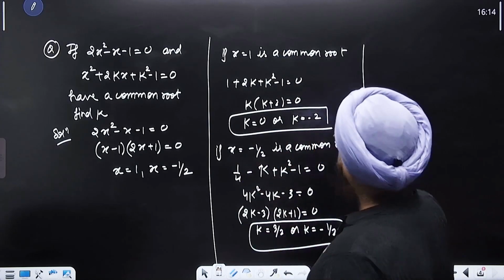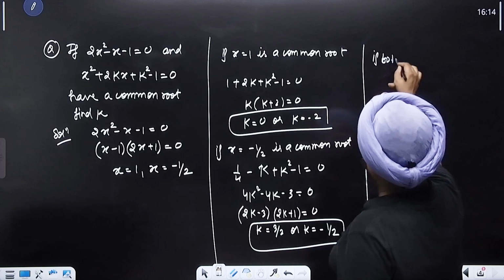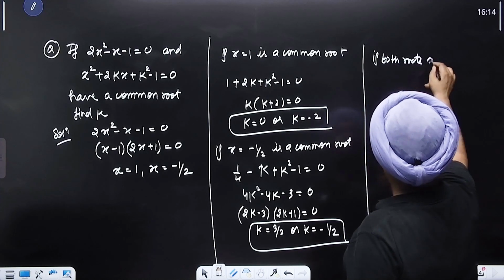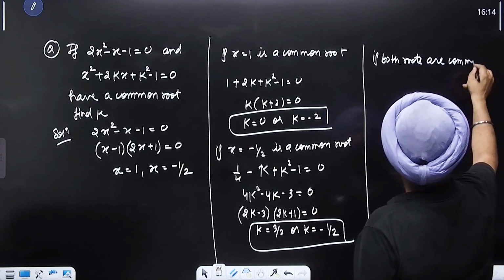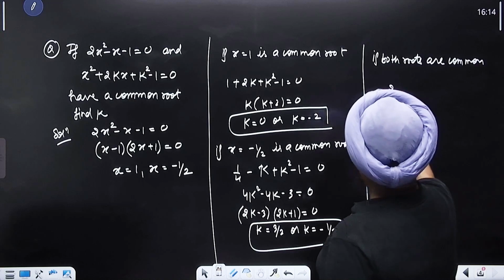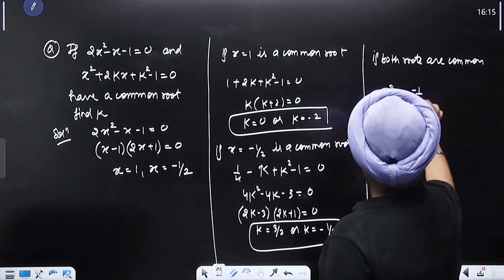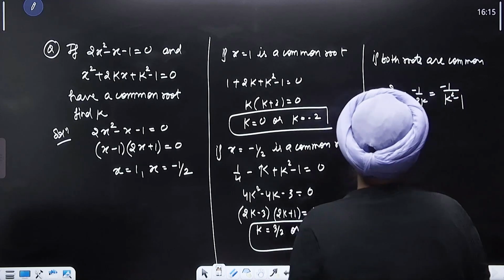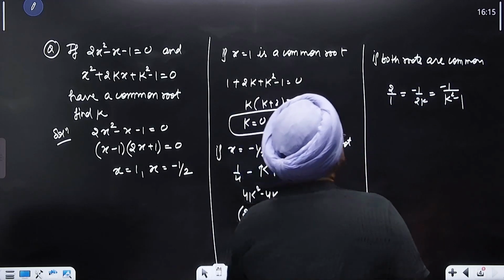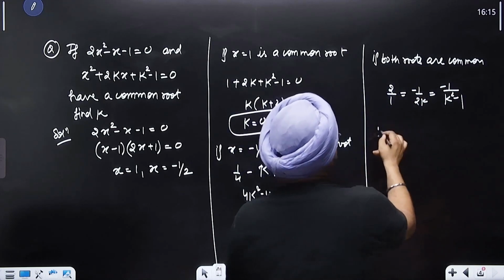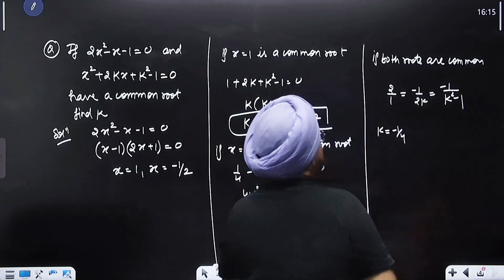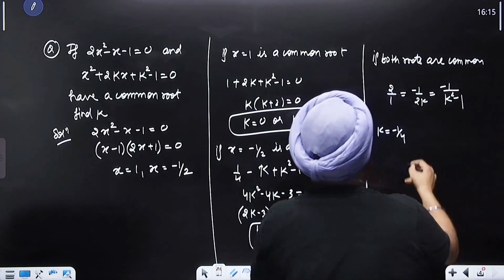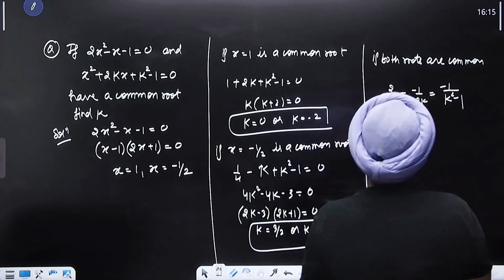If both roots are common, then the condition will be, let's see if the value of k is coming or not. From the first two equations, k is equal to minus 1 by 4.